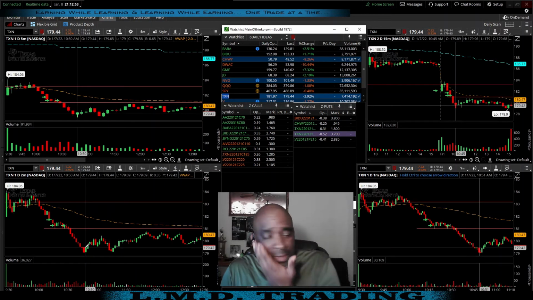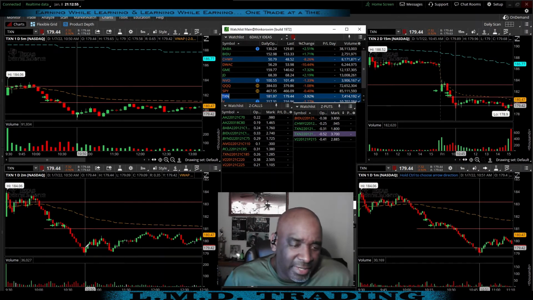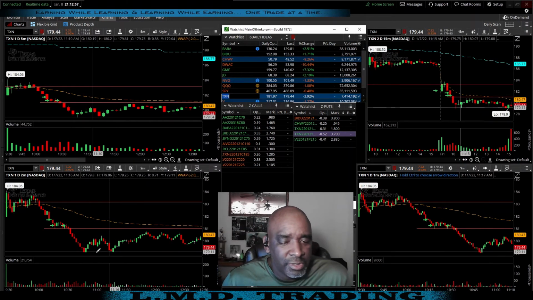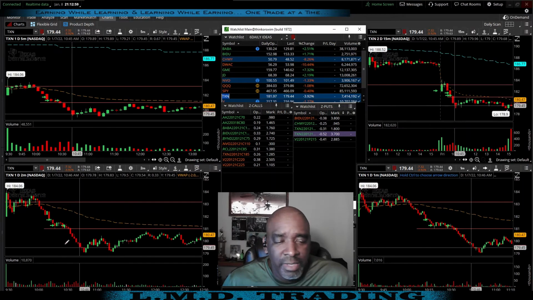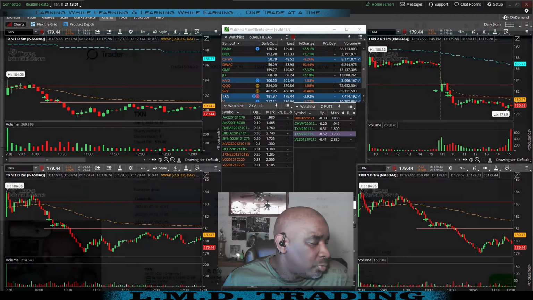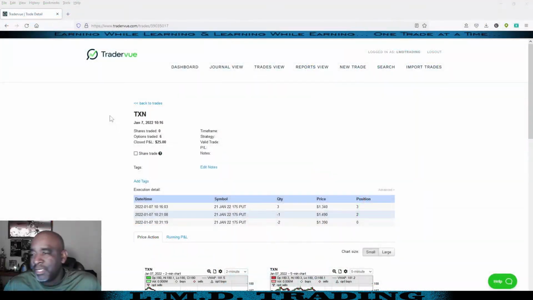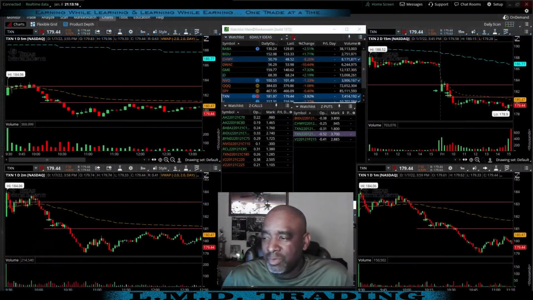So this was a trade that we could have made easily $100 on, just looking at the move it made, as opposed to us getting out and just making 1R. So we made 1 times our risk on this trade. So it was green. Happy with the green trade, but we definitely left a lot of money on the table.